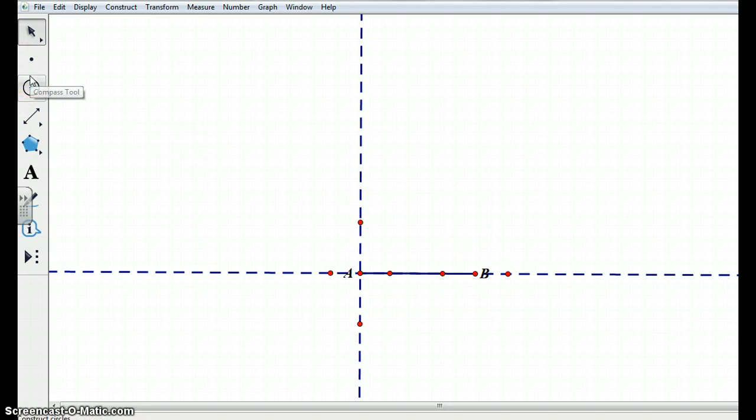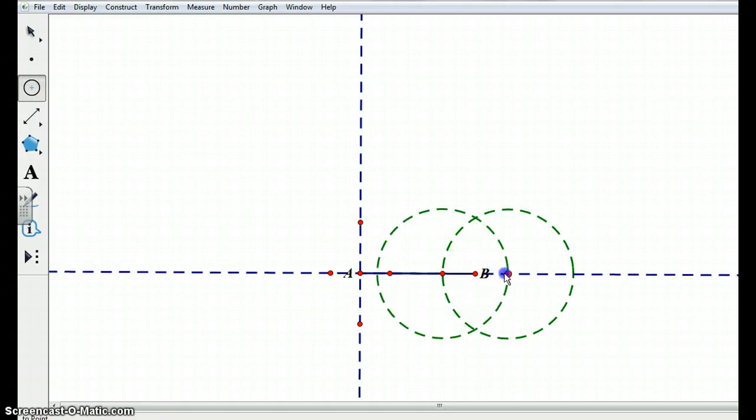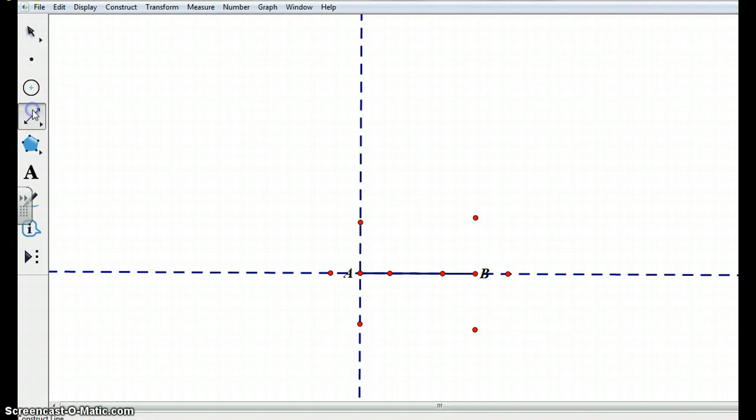Now we have to get our perpendicular bisection through B. So I'm going to make a circle from the point on the right all the way to the left, and vice versa. Again, same exact thing: you're just getting two intersections. I'm going to hide these circles, and what we really want is that perpendicular line.